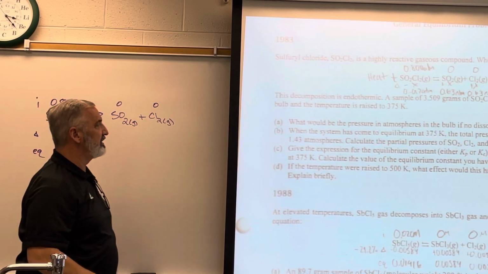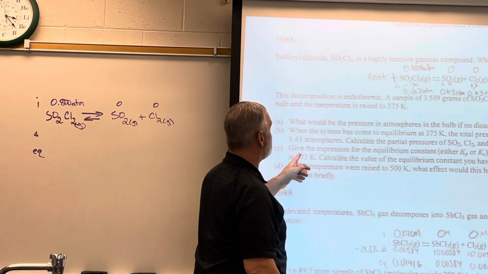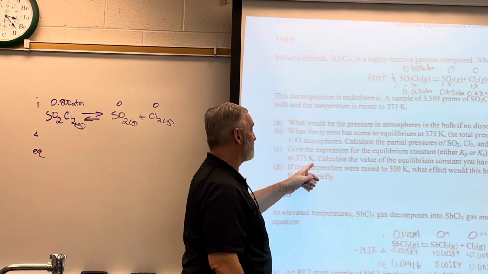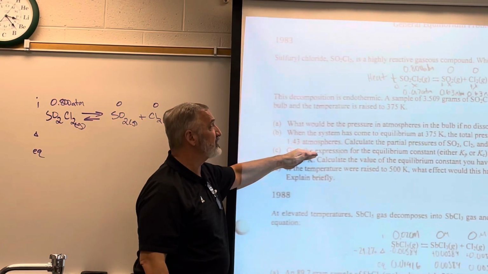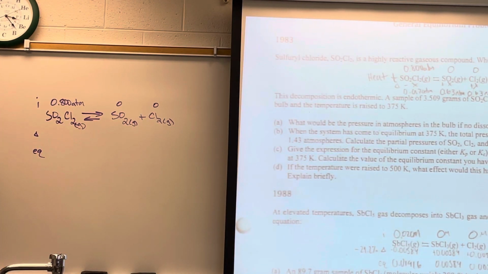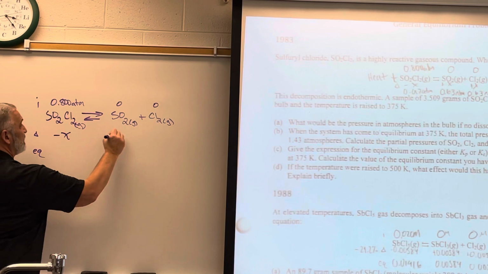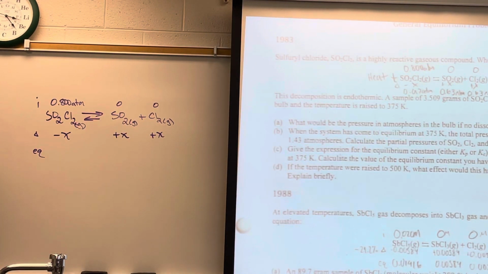Again, the question says calculate the partial pressures and then give the expression and calculate the value. So I need to calculate the equilibrium. That means I have to find all three of these pressures at equilibrium. Well, I know it's going to be minus X, and plus X, right? But I can't have two variables. What else do they tell me?